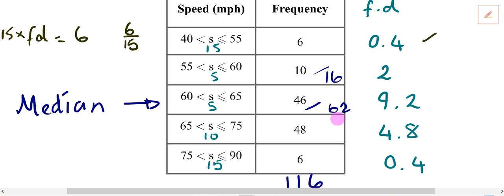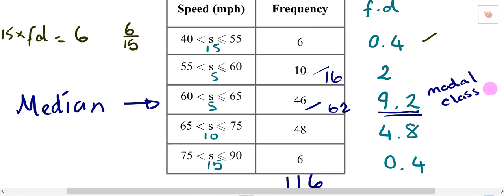No. So actually, for frequency density data, the modal class is the one with the highest frequency density. And I'm sure you understand why. So in this case, although this is the highest frequency, this here will be the modal class, but only because it's frequency density.